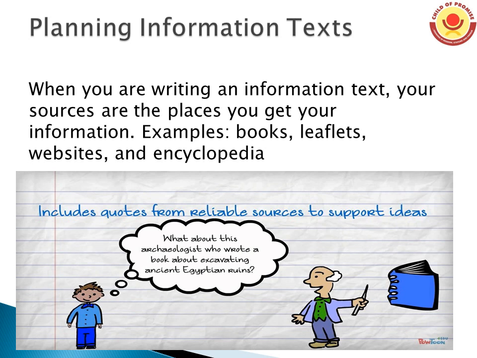What book do I need to read? What website do I need to check to get my information or facts on what I want to write? So the first thing you are planning is the source of your information. Where do I get my facts from?